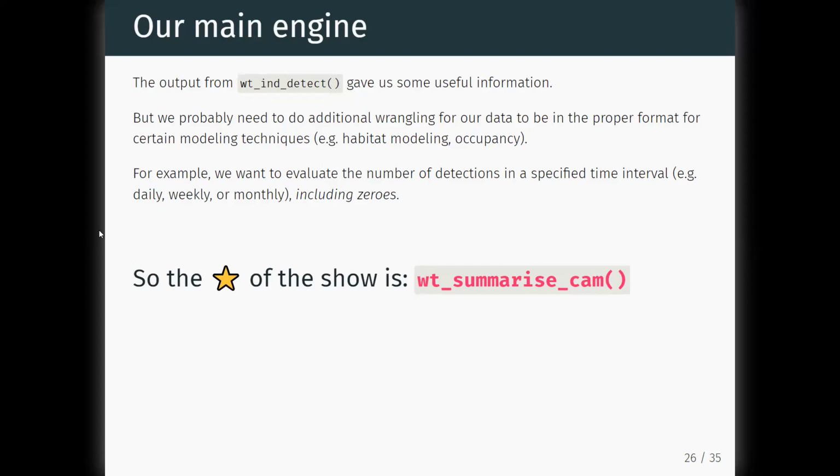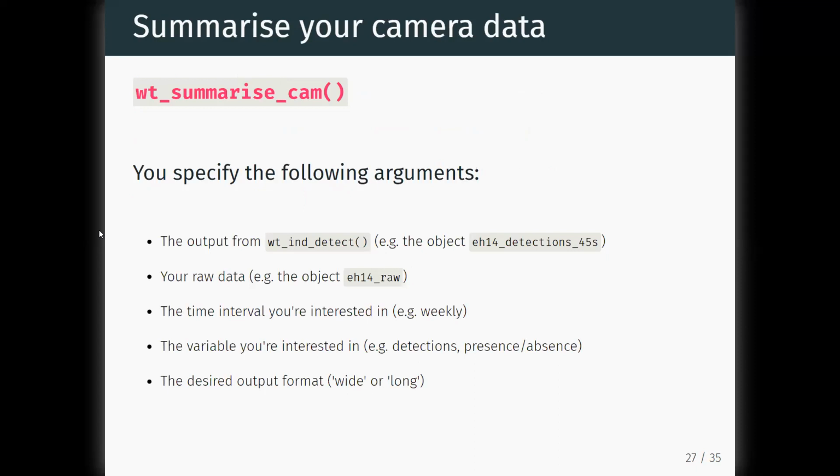So the star of the show is summarize CAM. There's a bunch of different arguments here. You supply the output from independent detections, you supply your raw data so that the function knows the effort level at each deployment, so the number of days that it was operational, the time interval that you're interested in, so that's your day, your week, your month, and then there's a couple different variables that it can spit out for you, including detections, but also something like presence absence if you really just want that 1, 0.